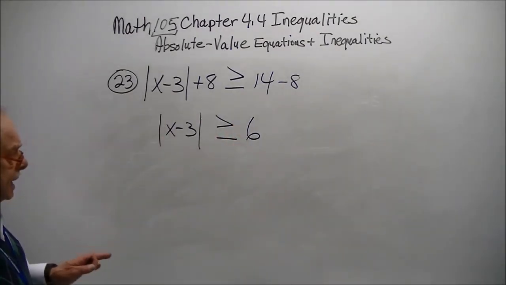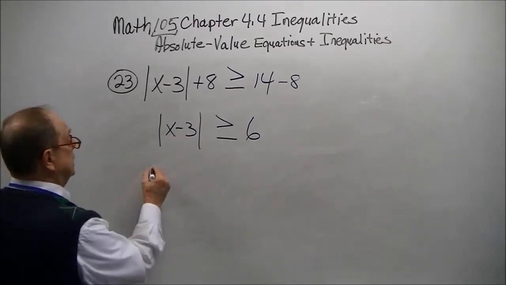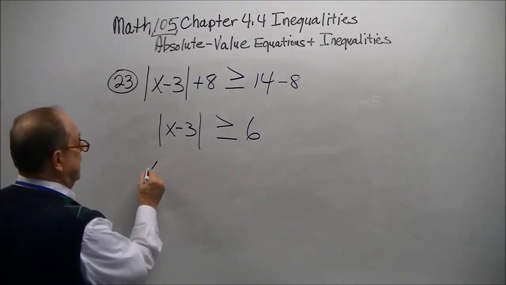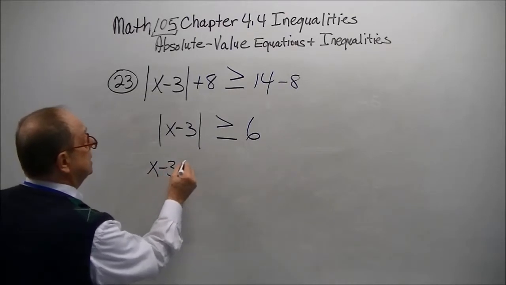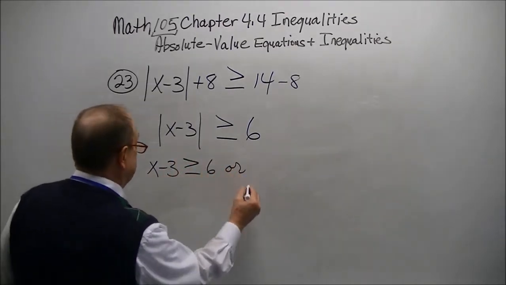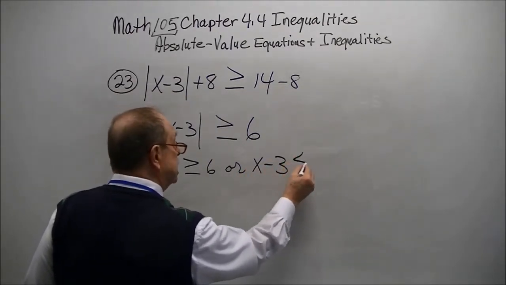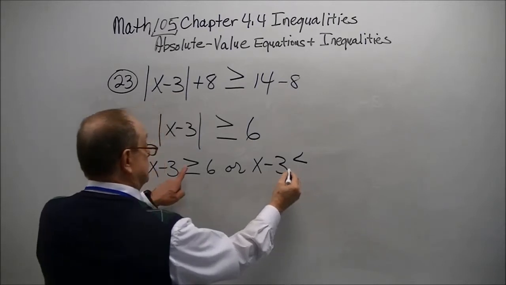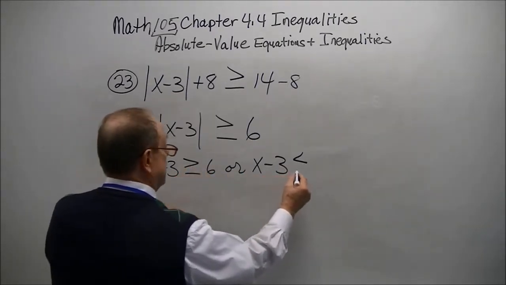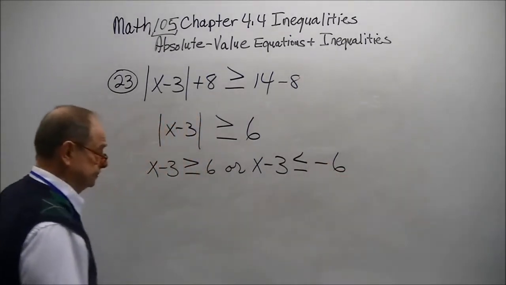Then we're using our same technique for solving these inequalities. We write it twice. X minus 3 is greater than or equal to 6, or x minus 3 is less than, we have to reverse the sign, or equal to a negative 6.